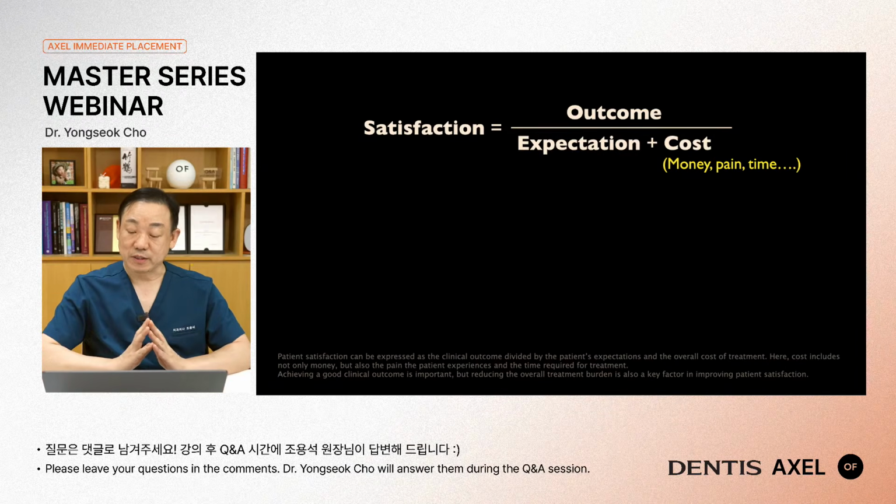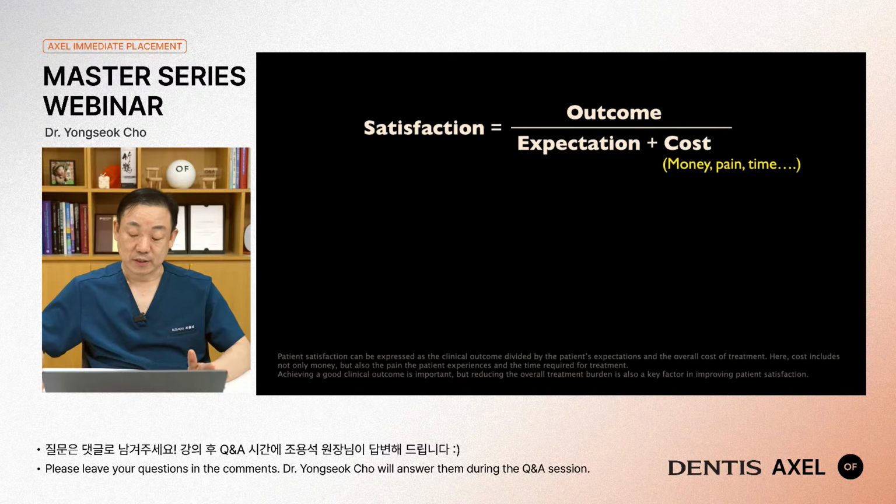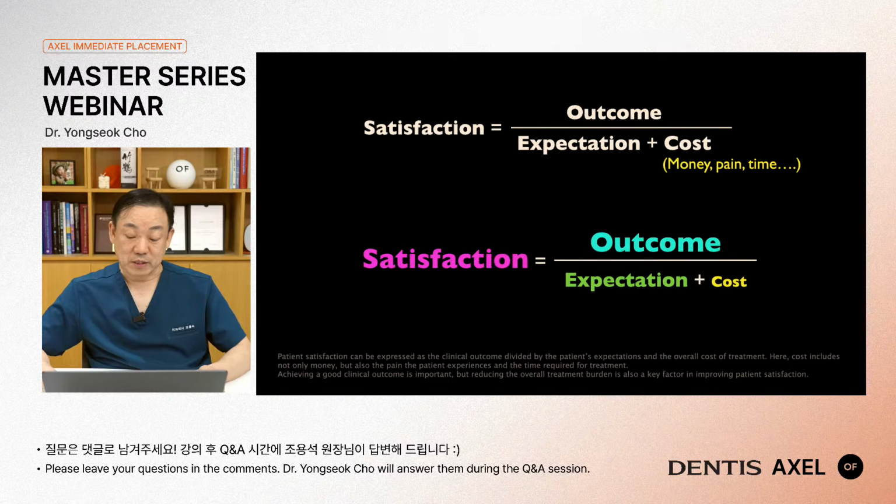Here, costs include not only money, but also the pain the patient experiences and the time required for treatment. Achieving a good clinical outcome is important, but reducing the overall treatment burden is also a key factor to improving patient satisfaction.